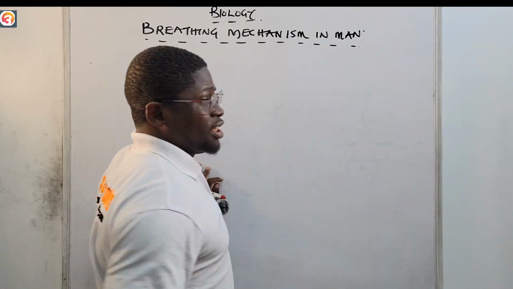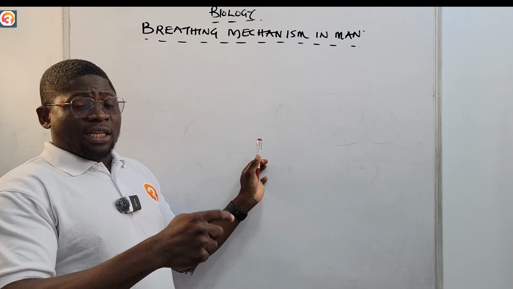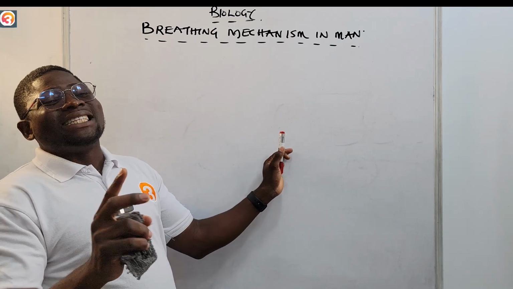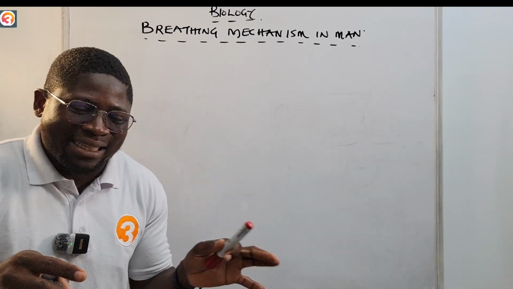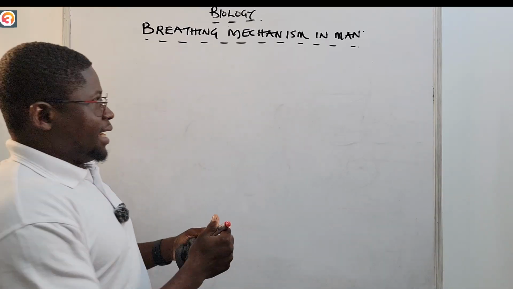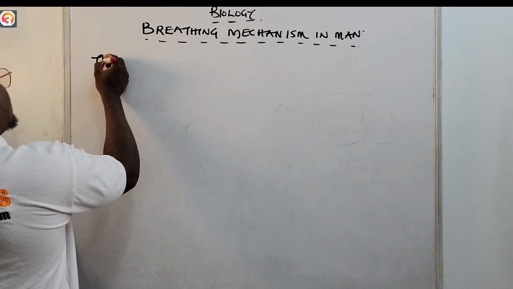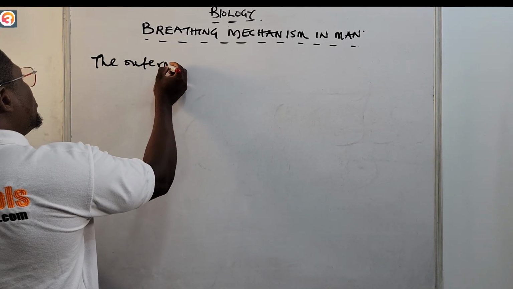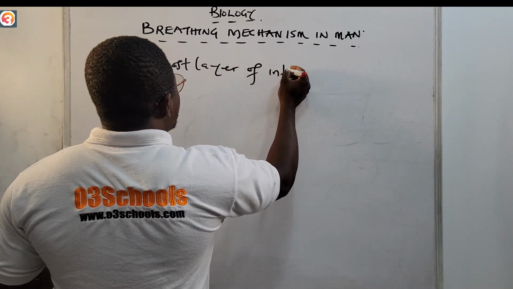It is called the outermost layer of the intercostal muscles, and it is found at the outermost part of the rib cage.